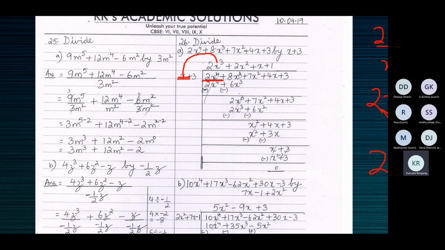Supposing the x cube term is not there, after the x power 4 there's only the x square term. That is okay. It's not that there must be an x cube term. Leave it. X power 4, and then the lowest power is x square, and then x, and then the constant.